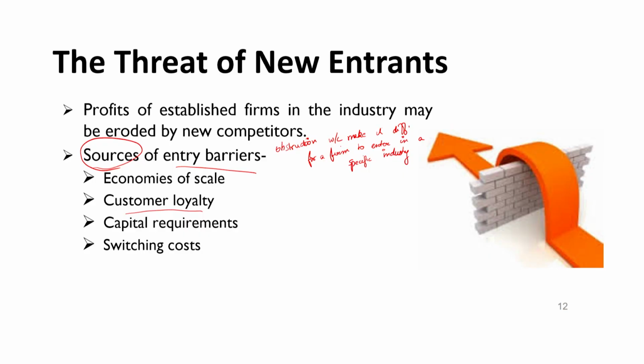Next type of entry barrier is switching cost. What is switching cost? When it costs the customer time, value and money in order to switch from one product to another, that constitutes switching cost. So who bears this switching cost? The company or the customers? This cost is borne by the customers.